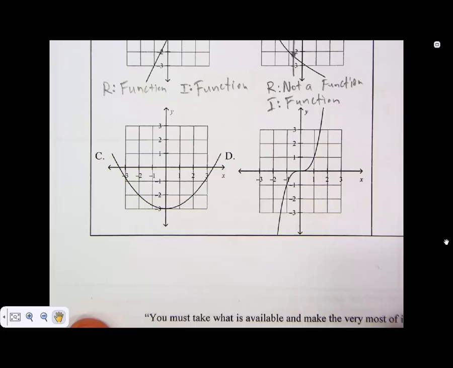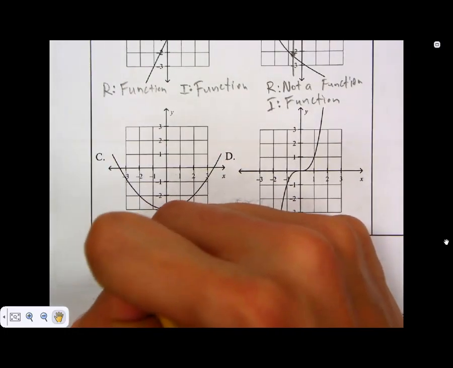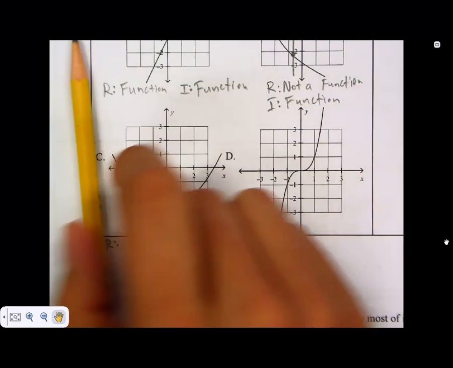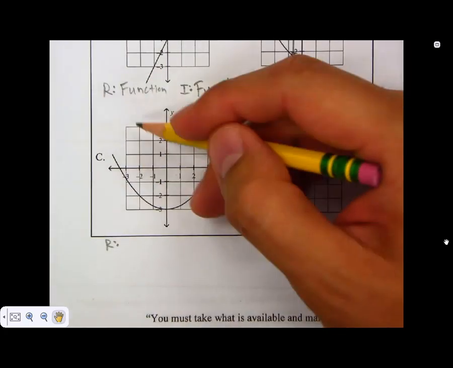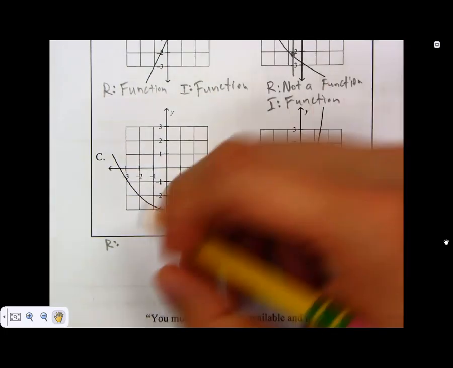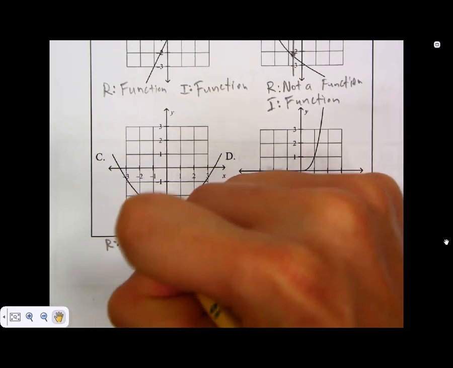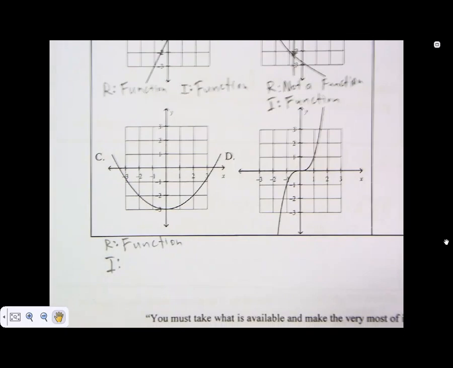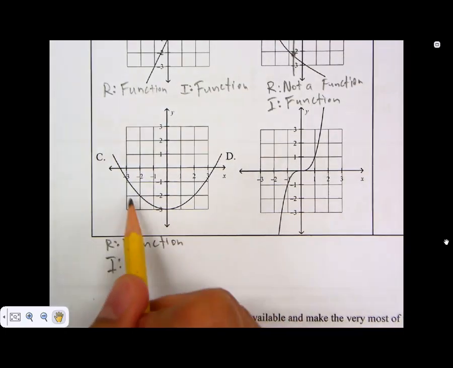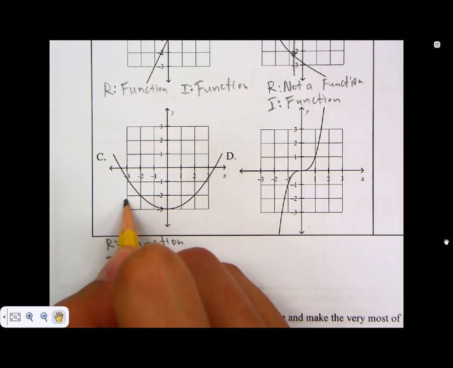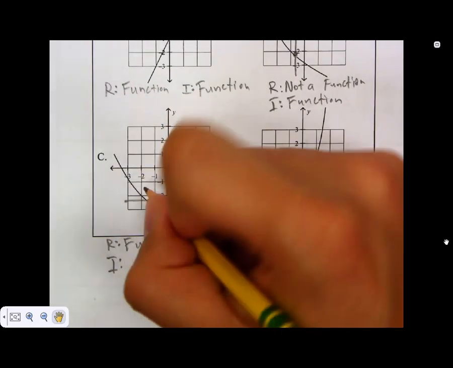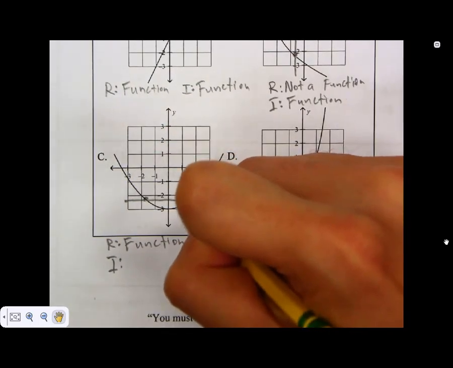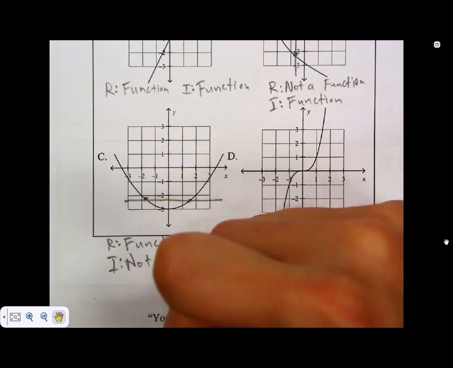C. I run my line straight up and down, and it only crosses once, so it's a function. The inverse, I run my function straight left to right, and it crosses at 2 points, so it's not a function.